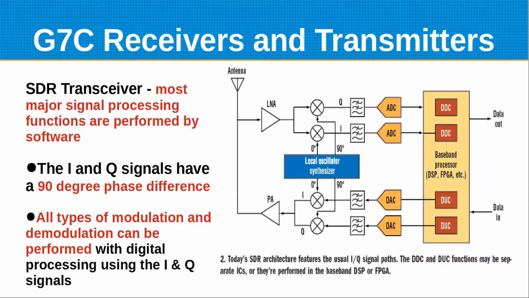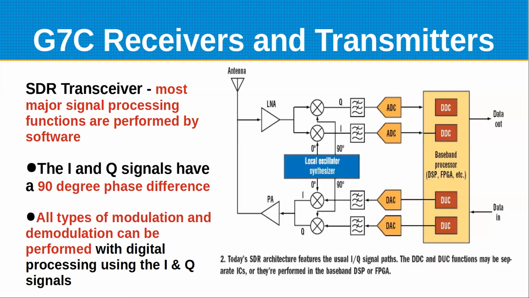In this particular one, we're showing a low noise amplifier on the receiver input, and it's feeding two different mixers. One of those has a 90-degree phase shift, and we call these two outputs I and Q.